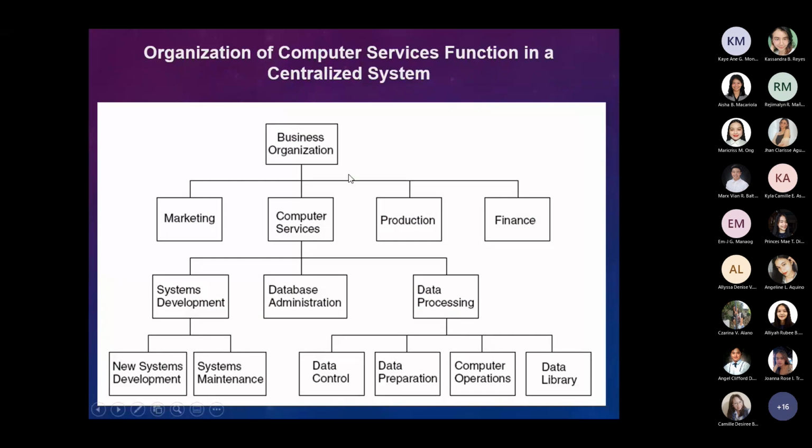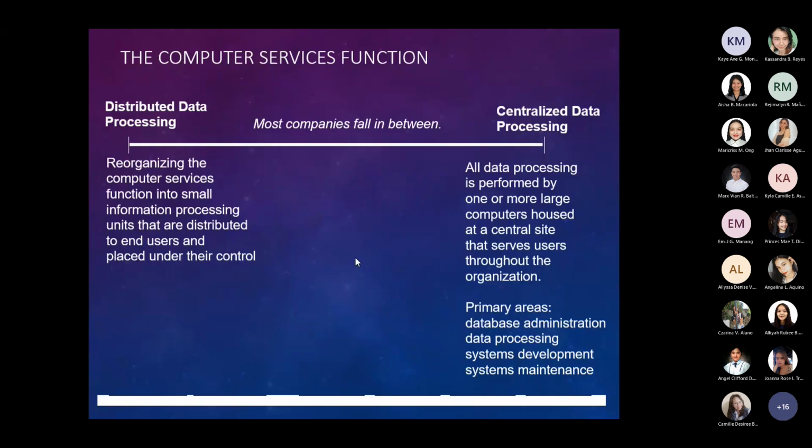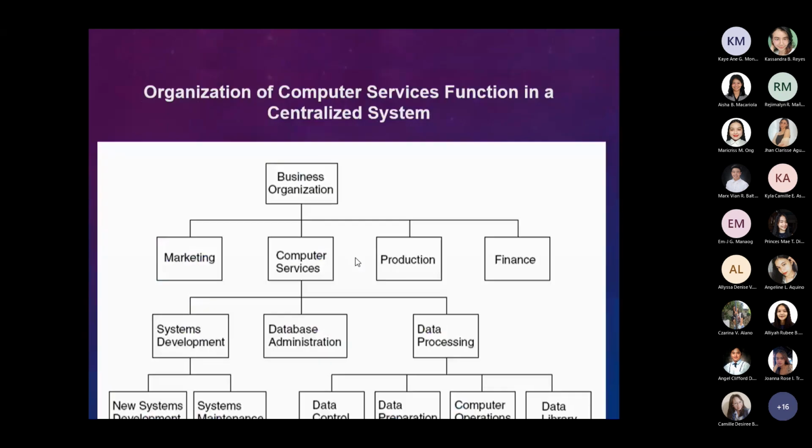Okay. So, sa centralized, ang makikita mo, from the computer services lang ha. Kasi ito yung pinag-uusapan natin sa data processing na centralized at saka distributed. Okay? So computer services, makikita mo.